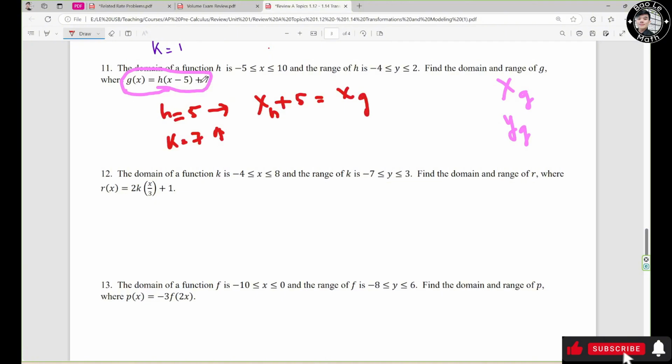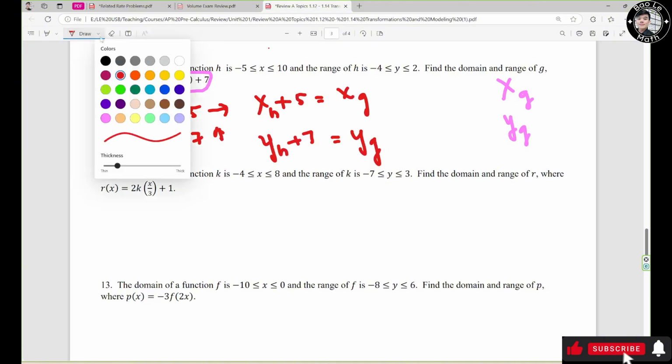Now, this one right here is the vertical shift, right? So you don't need to change anything, right? So we have yh plus 7 equals yg. Alright, keep in mind you only do the opposite thing when it's related to the s value, right?